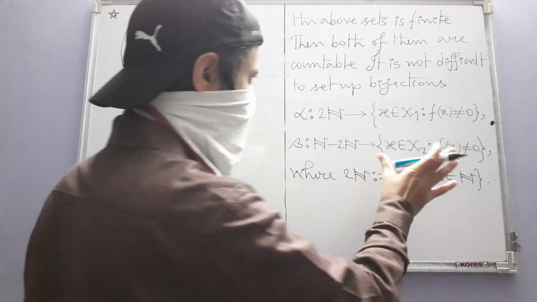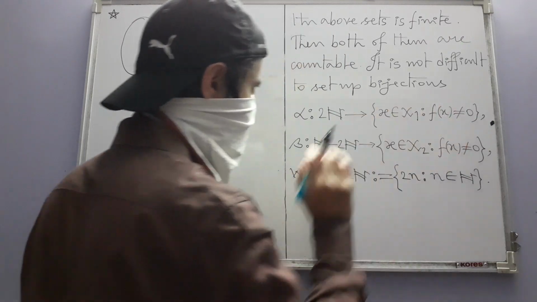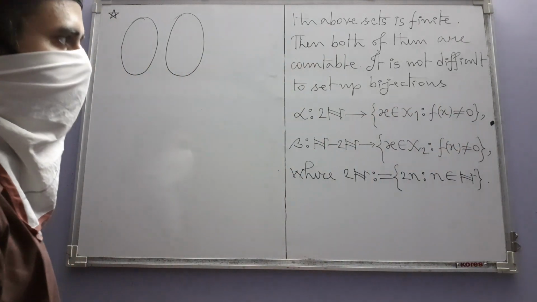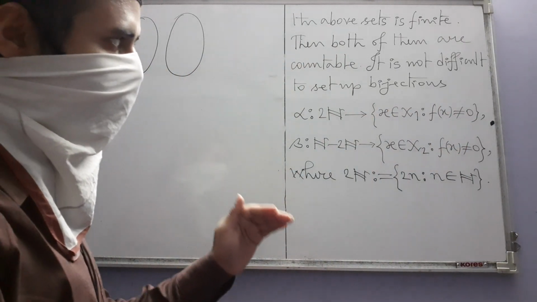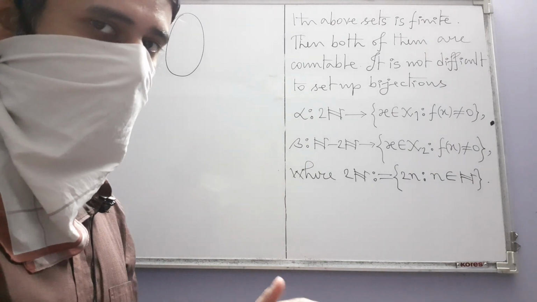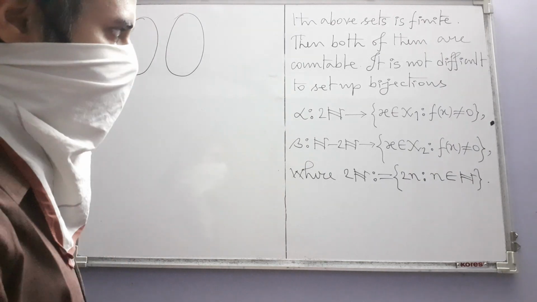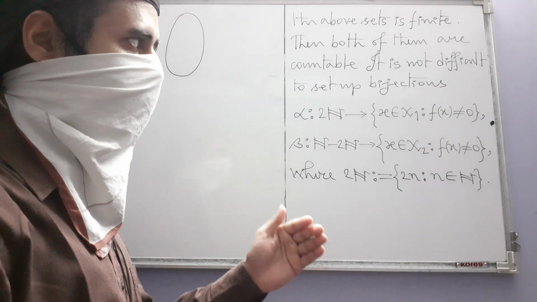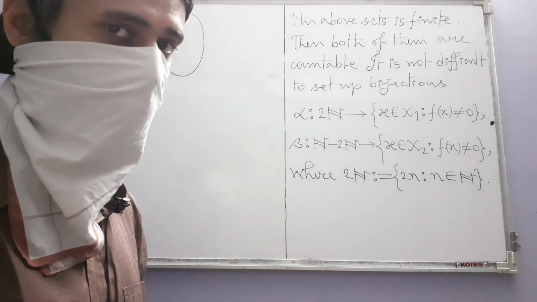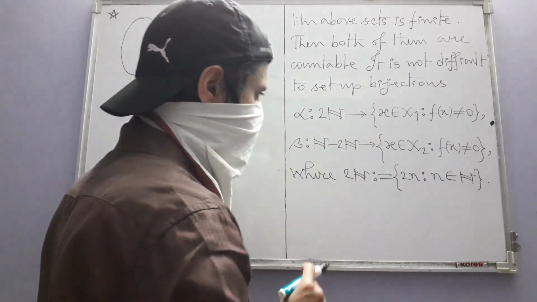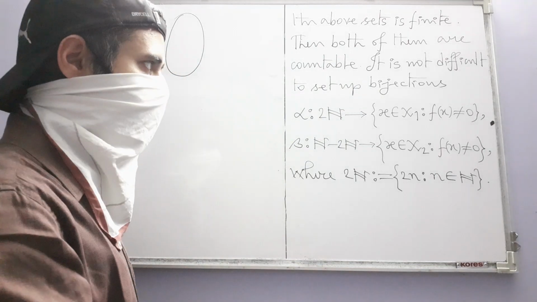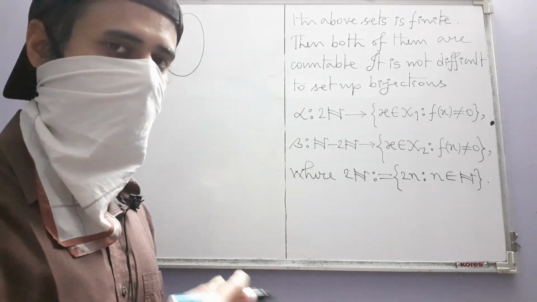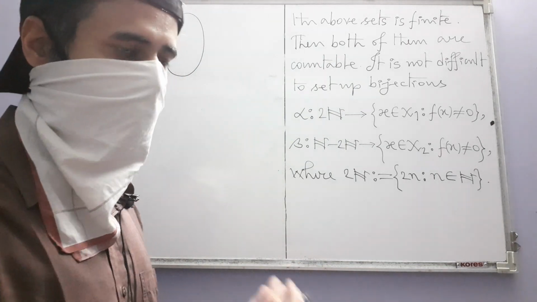What we have here is that this is already countable, so its elements can already be arranged in a sequence using natural number labels. That is, you have an element labeled by 0, then an element labeled by 1, then an element labeled by 2.